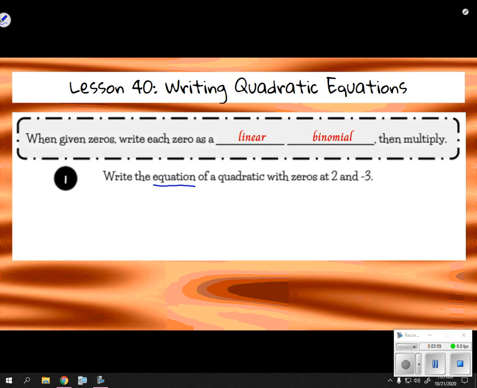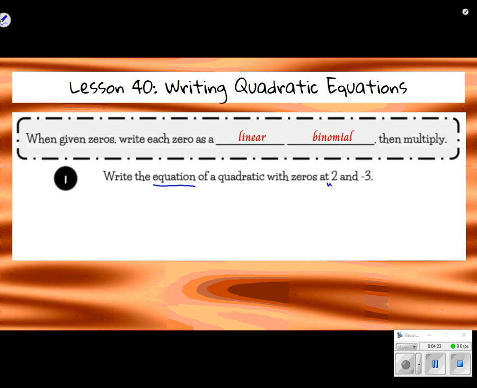Equations have equal signs. So if you are just going to jump straight in and give me the x squared plus 5x plus 6, that's not an equation. That's an expression. We need to be able to write the equation of a quadratic with zeros at 2 and -3. So when we write this equation, I need to see y equals.